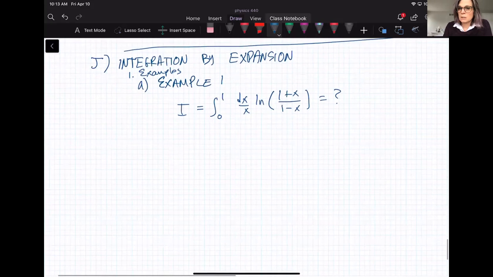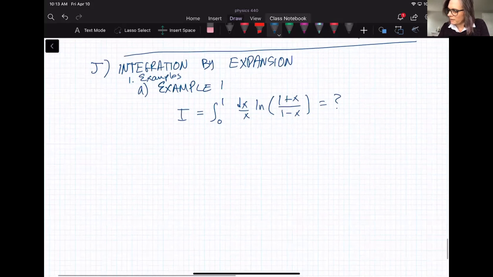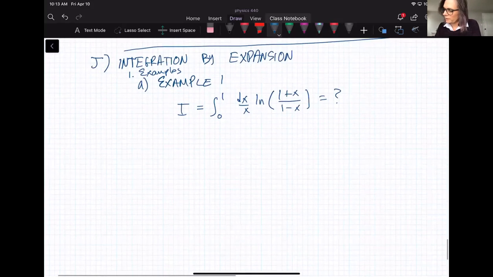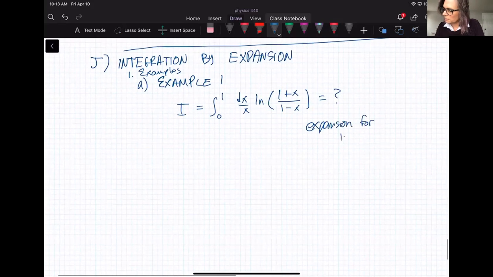In particular, we've already seen earlier this week that we have an expansion for the natural log of 1 plus x as long as x is between -1 and 1, which certainly fits the bill for this interval.